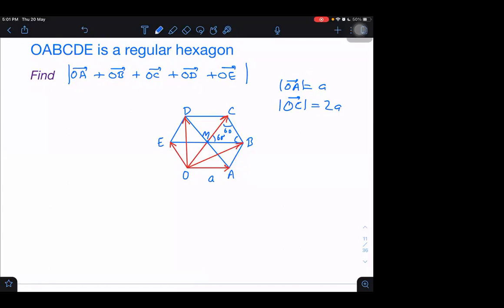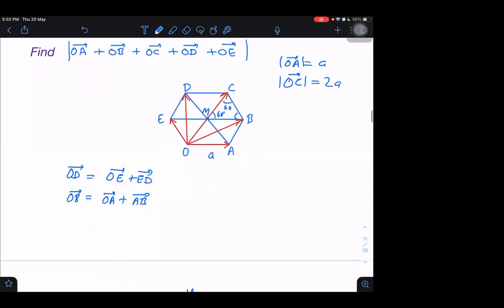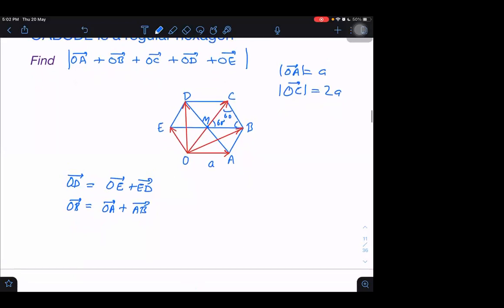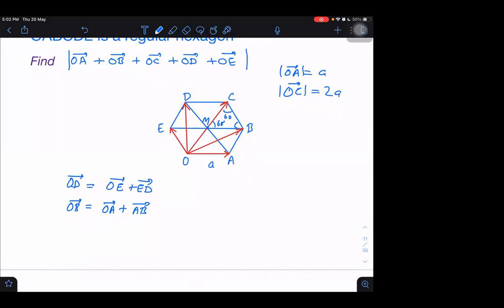For example, OD is equal to OE plus ED. And similarly, I can write OB is equal to OA plus AB. These are done.